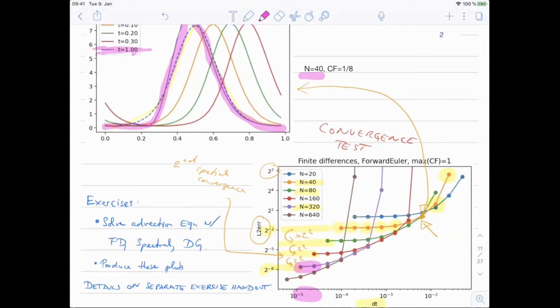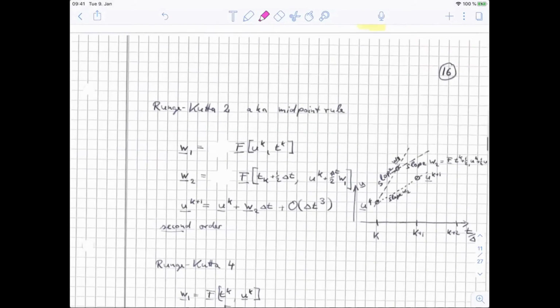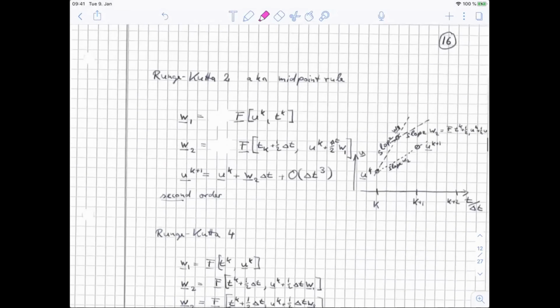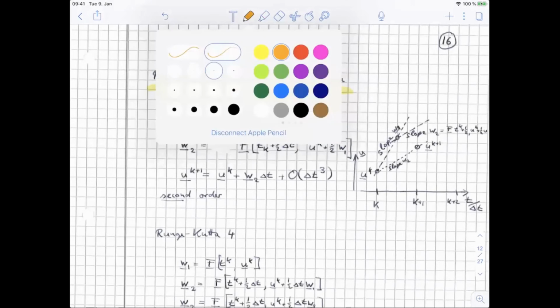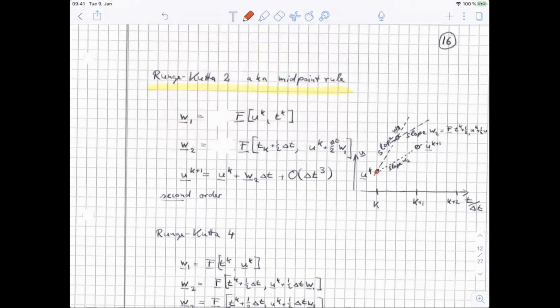Well, the time discretization error can be improved quite easily because we have this nice decoupling of space and time. You can use Runge-Kutta 2, where one starts out at some initial point over here. One first computes a slope W1. One goes half a time step along this slope W1 to get an intermediate point at time t k plus 1/2.